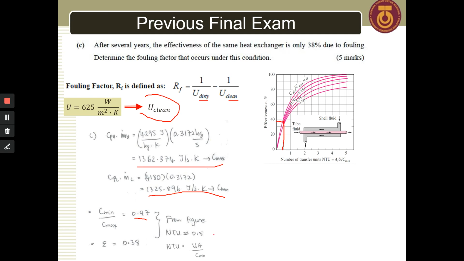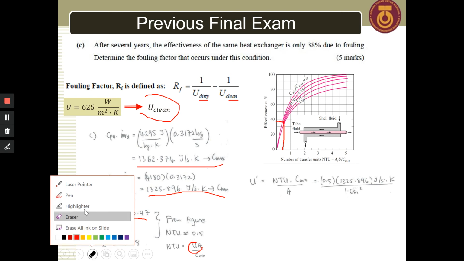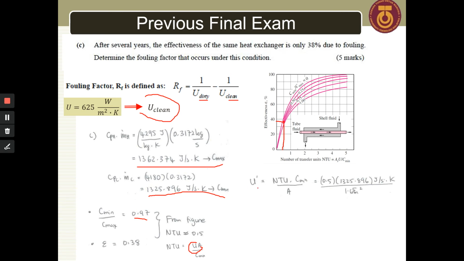So when everything is known, only U is unknown. Because this is the effectiveness after fouling, you can calculate U with fouling. So this is the dirty overall coefficient.